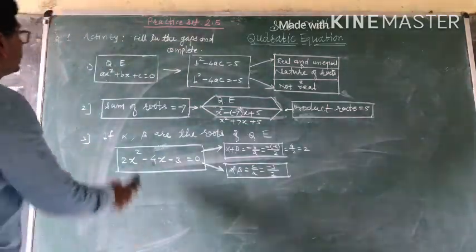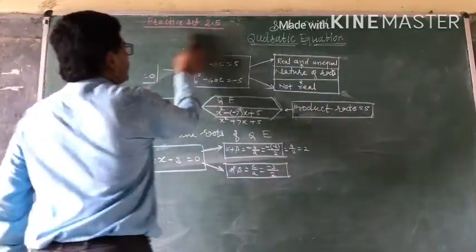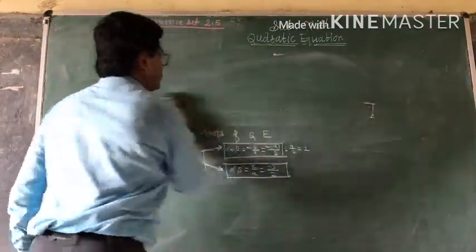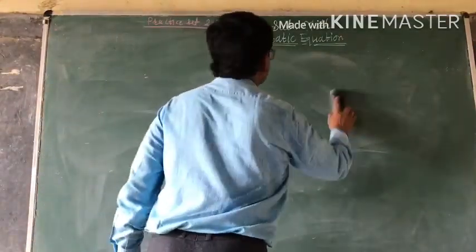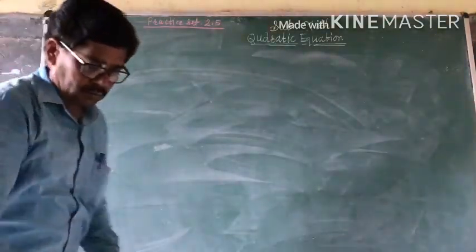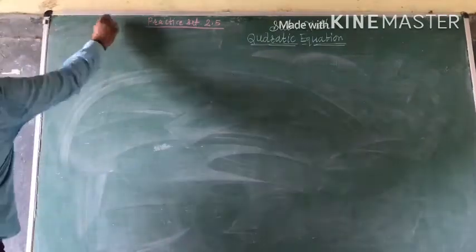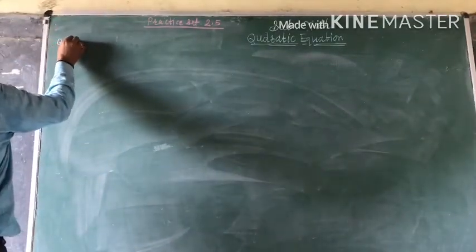The next question. Find the value of the discriminant. Question number 2.